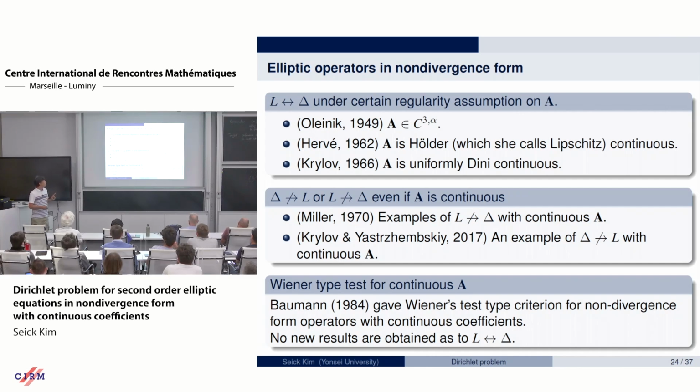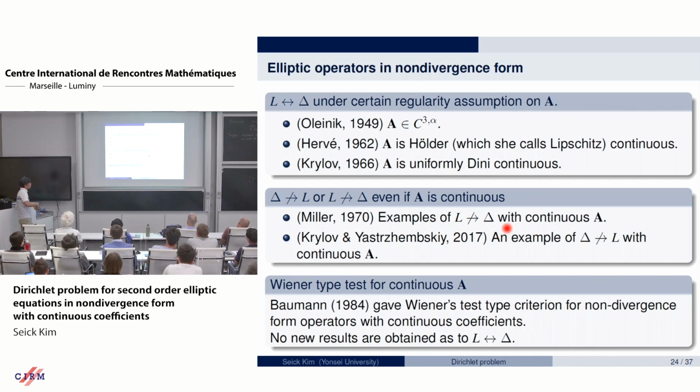But even if A is continuous, you don't really have equivalence. In the 1970s, K. Miller first showed an example where a regular point for L is not regular for the Laplacian.